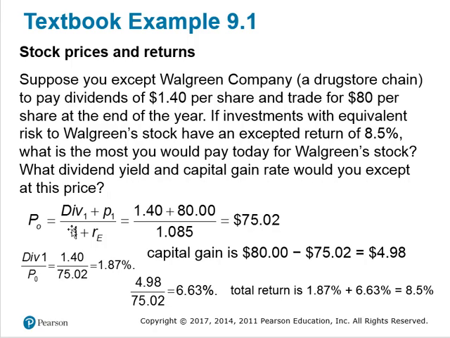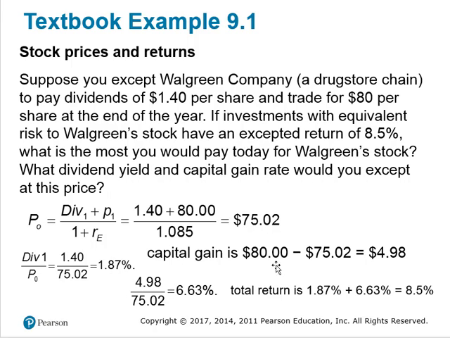Well, our basic formula is D1 plus P1 divided by 1 plus the cost of equity, right? So we would expect that Walgreens stock should sell for roughly $75.02. The dividend yield based on that price is 1.87%.